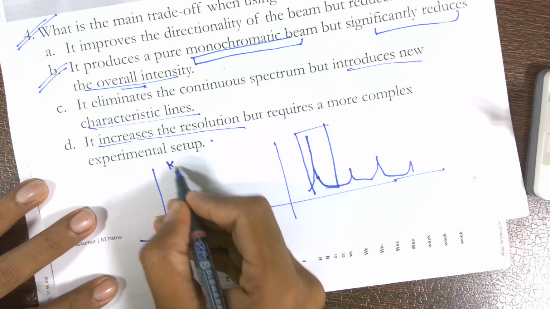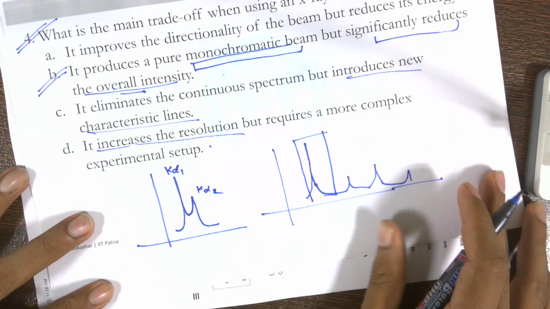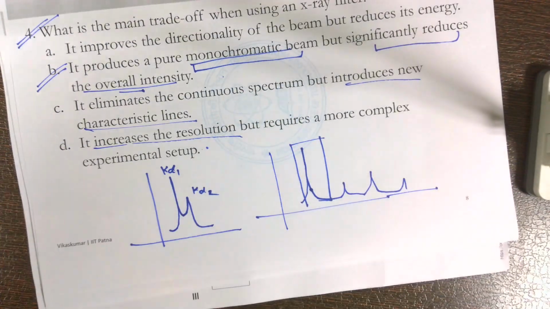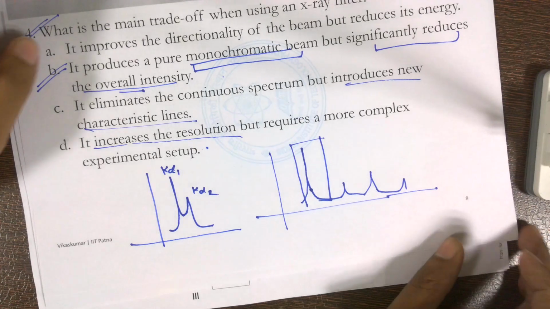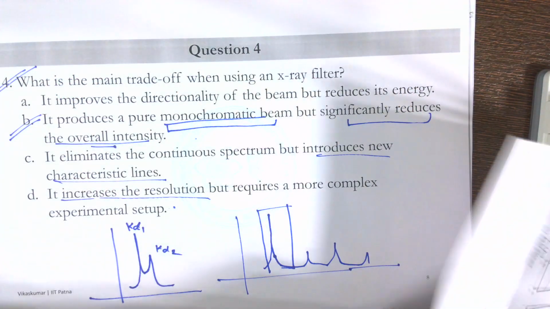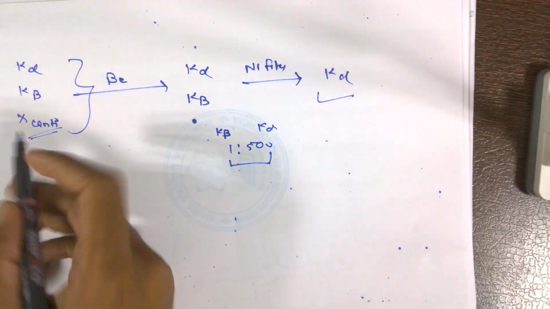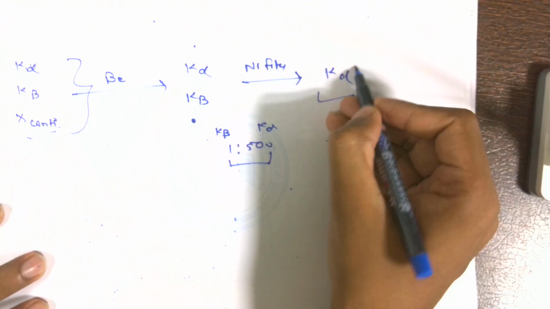This corresponds to the K alpha 1 and K alpha 2. In the instrument, among these three things, you will only have the K alpha.